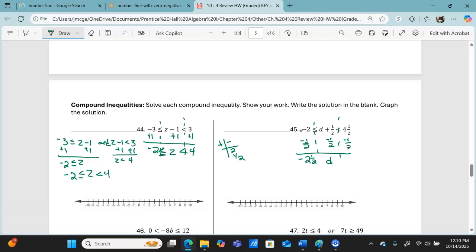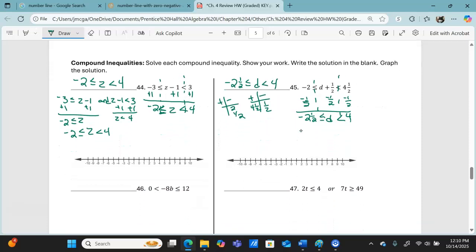Here I get 4.5 is positive, the half is negative, so 4.5 minus a half would just be 4. And then I just bring my inequalities down. And here it was -2 less than or equal to z less than 4.